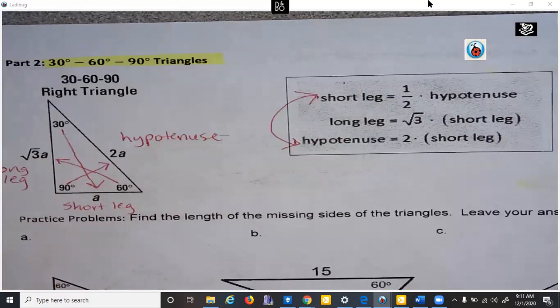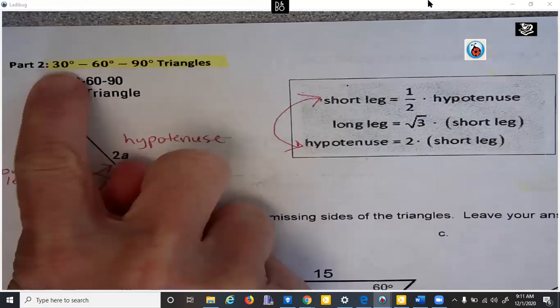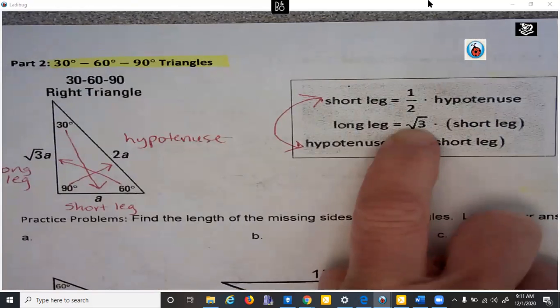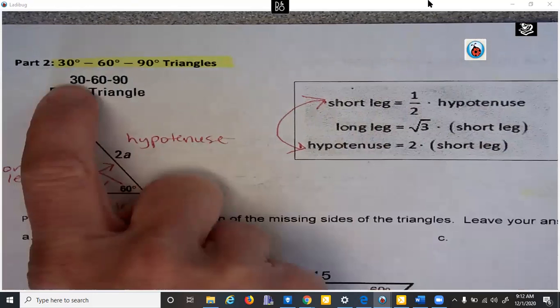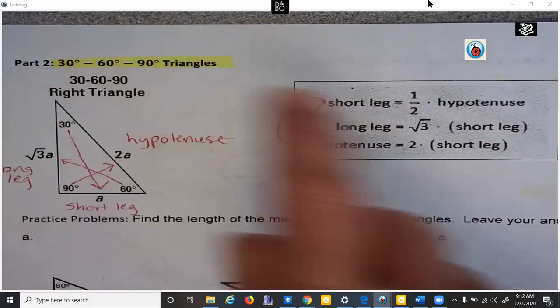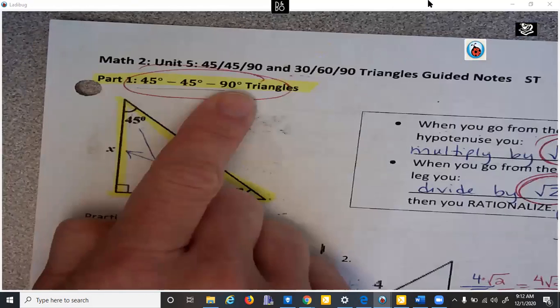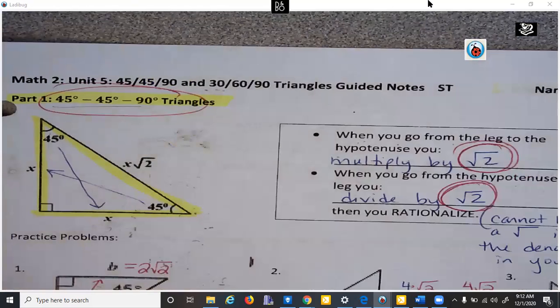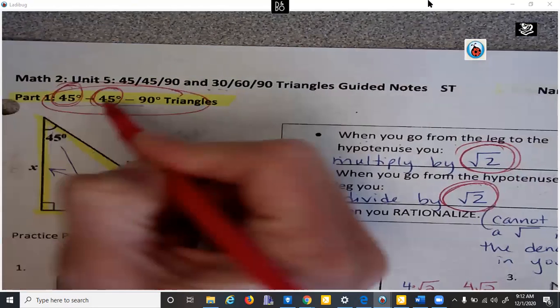It's just which direction you're going, okay? So in a 30, 60, 90, you're going to be using the square root of 3, which these are multiples of 3, right? 3, 6, 9. On a 45, 45, 90, you use square root of 2. And the way I remember that is you have 2 of the same angles, okay?